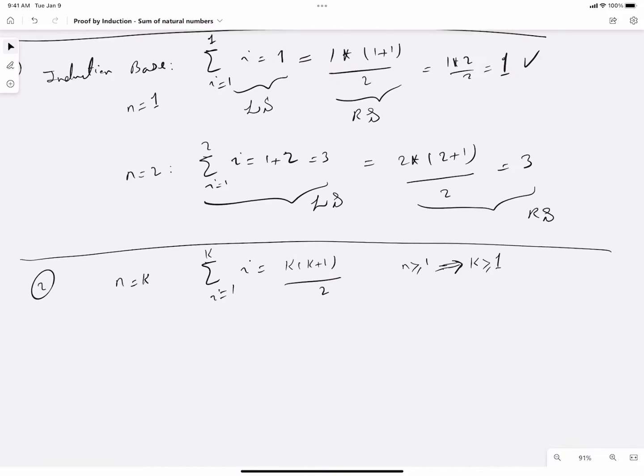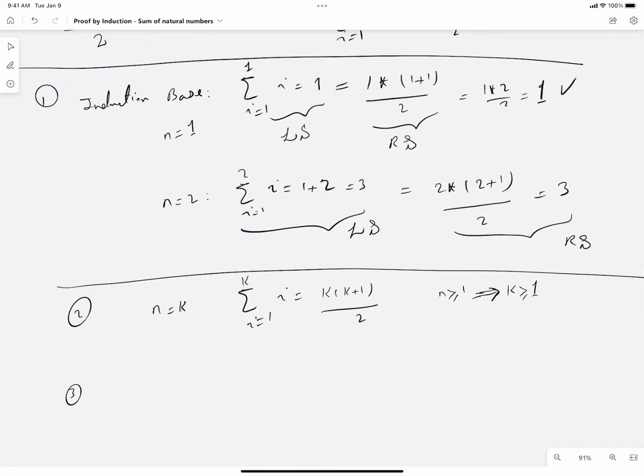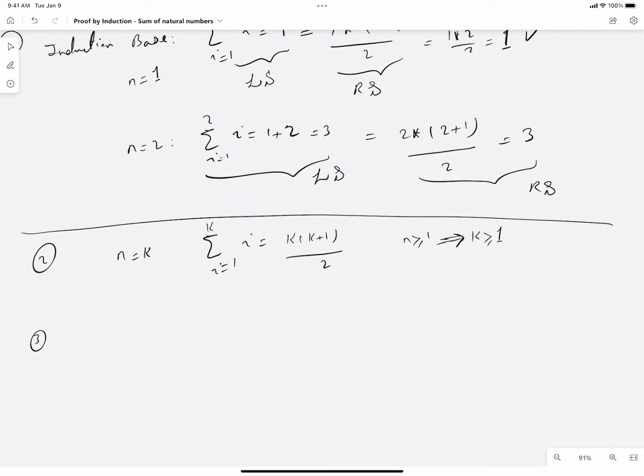With this assumed true, we're going to go to the third step, which is our induction step. We're going to prove that if it's true for the induction base, and if it's true for some random number such as k in this range of numbers, it is true for the next number, n equal to k plus 1.